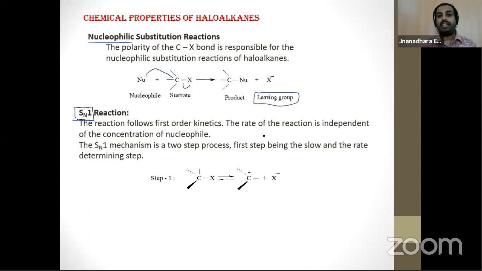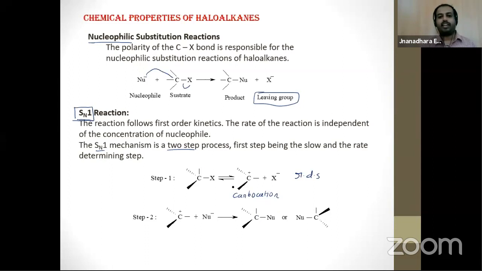You have studied them in detail for your board exam, so let's revise those concepts. The SN1 mechanism is a two-step process. It follows first order kinetics, and step 1 involves formation of a carbocation. This is the slowest step, hence the rate determining step.